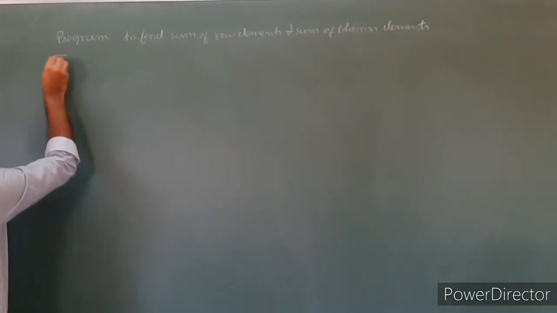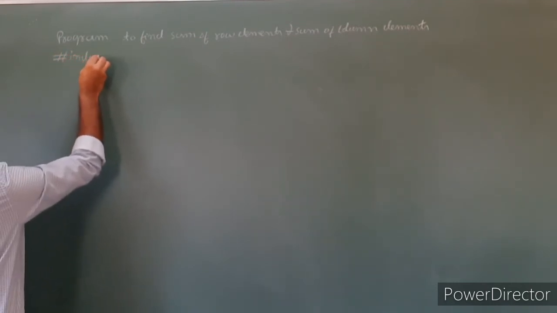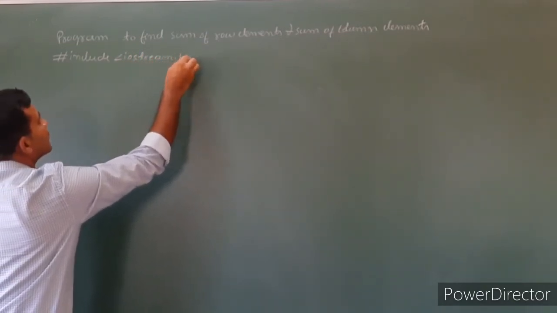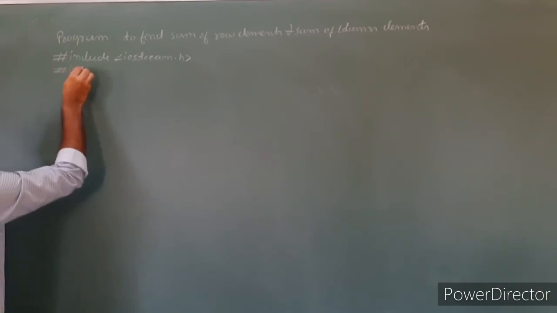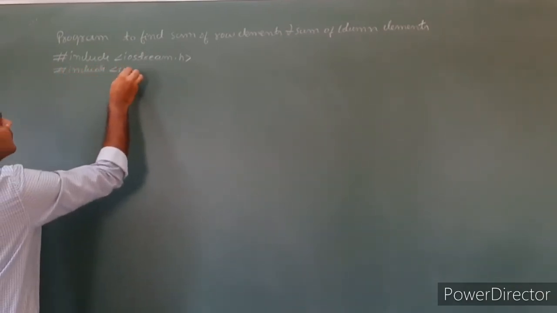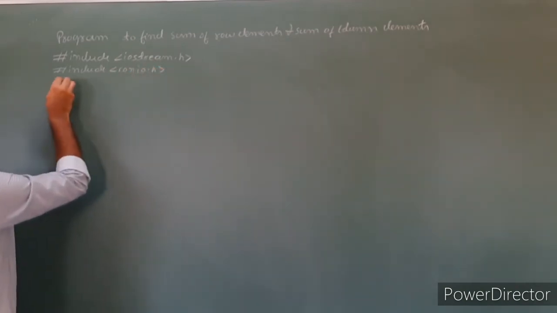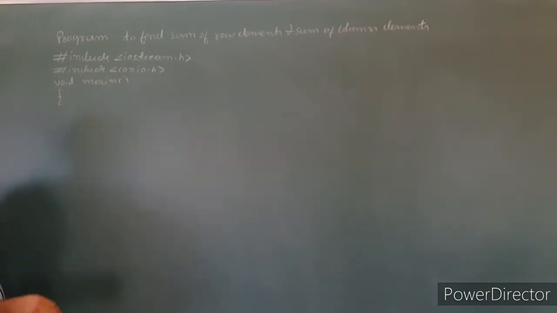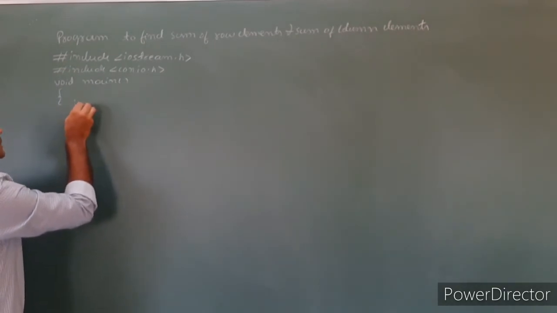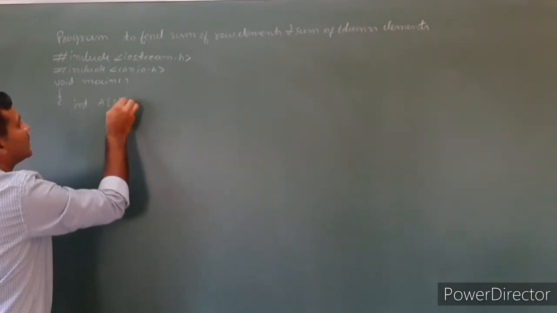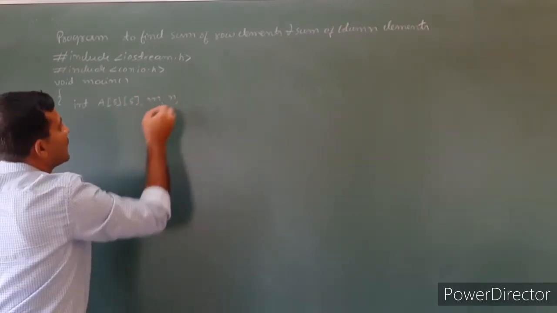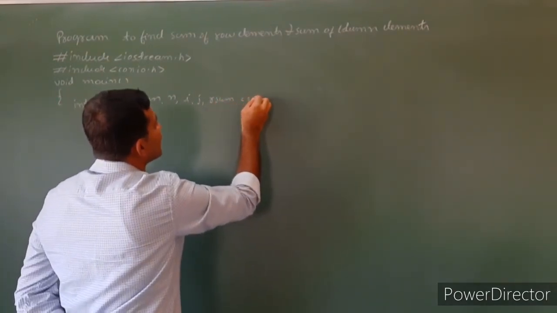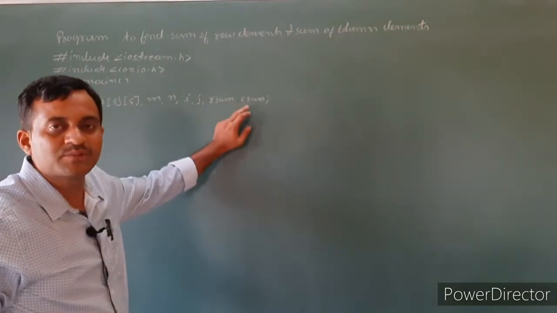First write the pre-process statements. In main of the program, declare a two-dimensional array, integer a[5][5], then the order m, n, then additional variables i, j, rsum, csum. rsum stands for row sum, csum stands for column sum.